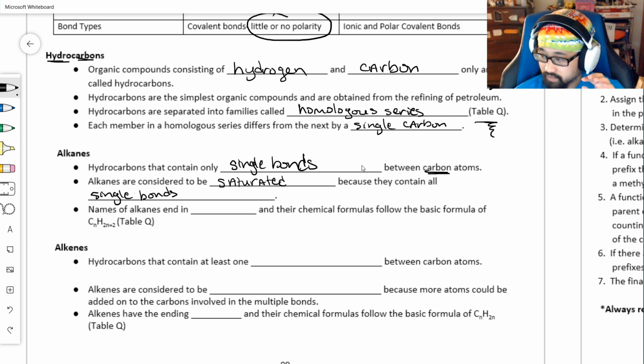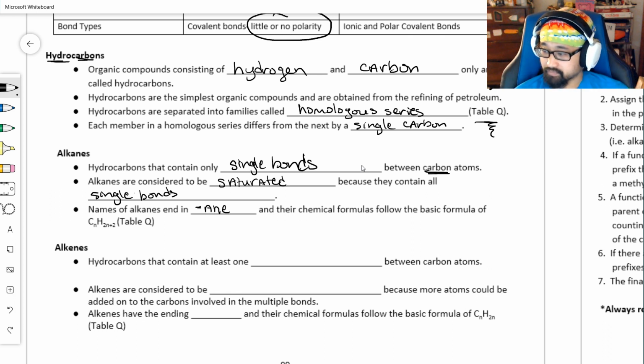The names of alkanes will always end in A-N-E. There's going to be a pattern that you will recognize in just a moment. So alkanes, single bond, saturated, end with A-N-E. Here comes the pattern.